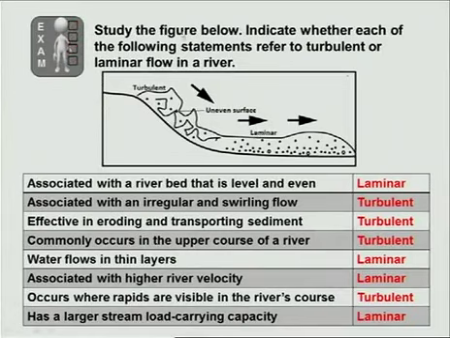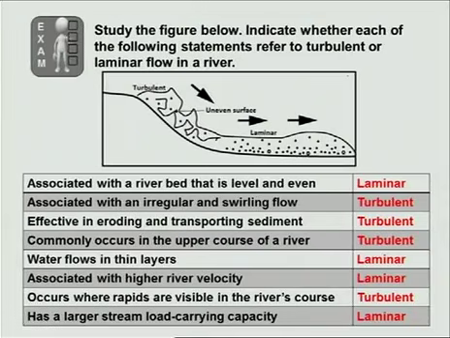Indicate whether each of the following statements refers to turbulent or laminar flow in a river. Here we've got the diagram. Here we can see our turbulent flow, and here we can see the laminar flow. I hope you've made a mental note of the images you've seen in the previous slides. I purposely put the two next to each other so that you can see the difference between the two.